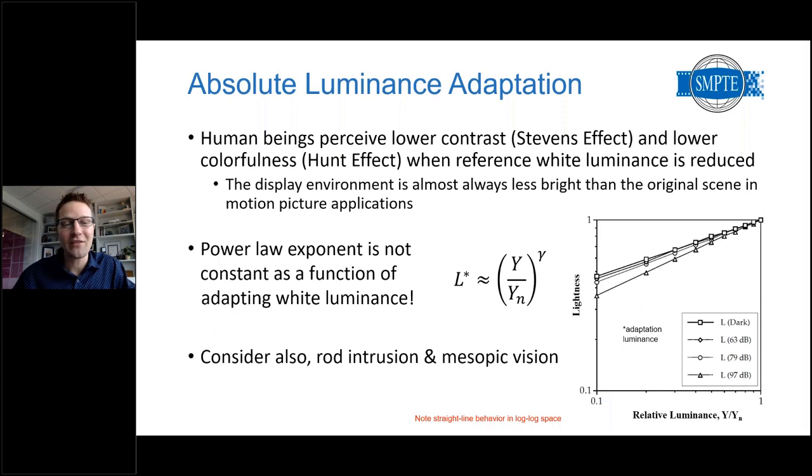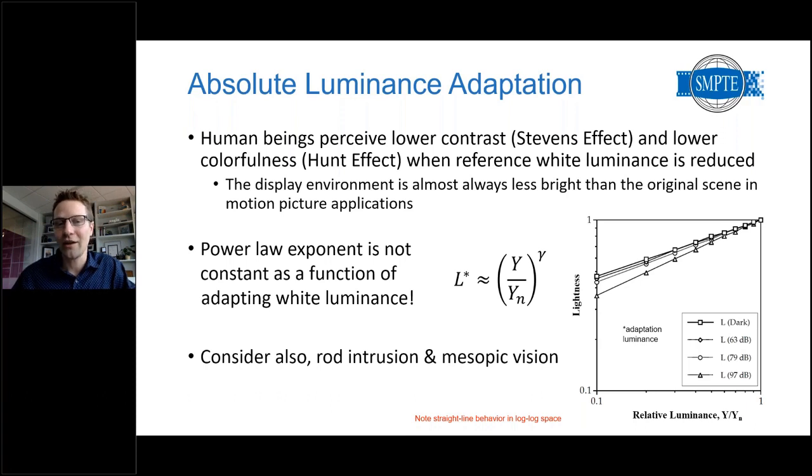Another phenomenon that behaves exactly the same way is the Stevens effect. Our perception of contrast and lightness scales with our adapting white luminance. It's a fancy way of saying the brighter the reference white that we're staring at, the higher the contrast, the darker the neutral scale will look.